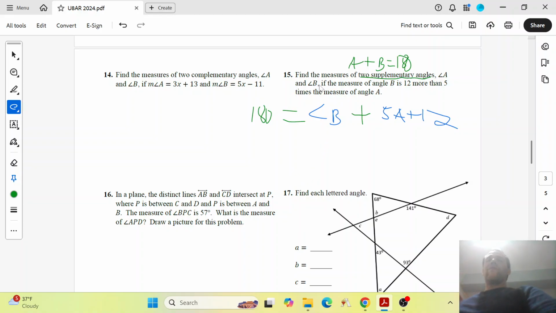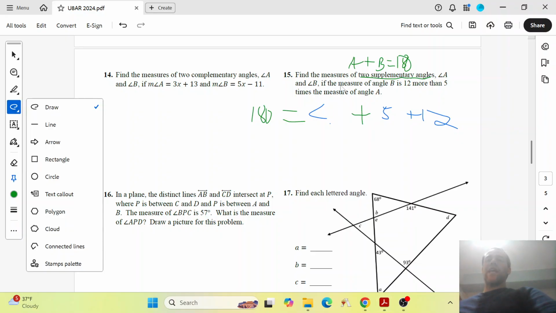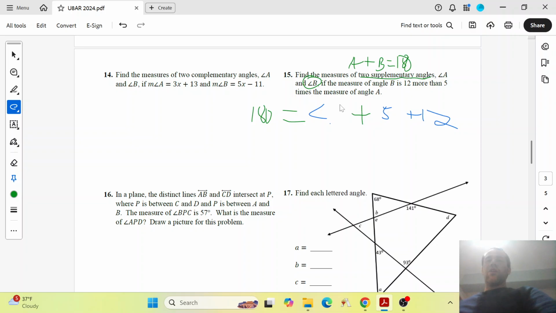So find the two measures of angles A and B if the measure of angle B is 12 more than 5 times the measure of angle A. We're trying to solve for A, and that's more than B. I think what we're missing is that these are not angles A and B, because I have 5 times more. So you're going to have to call this X, whatever the angle is.